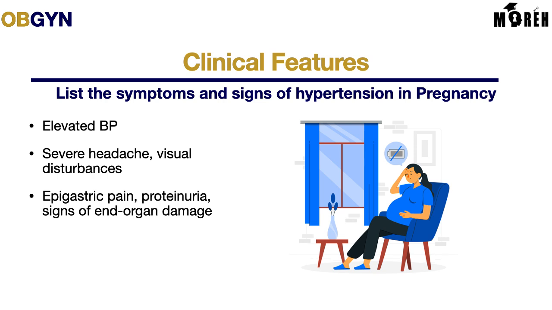So once there's an increased pressure in the liver capsule, or there's a stretching of the liver capsule, it causes referred pain from the right upper quadrant to the epigastrium. Okay, and so there's also proteinuria and signs of end organ damage like visual disturbance, headaches, and the other things that we've discussed already. There's also fetal growth restriction.